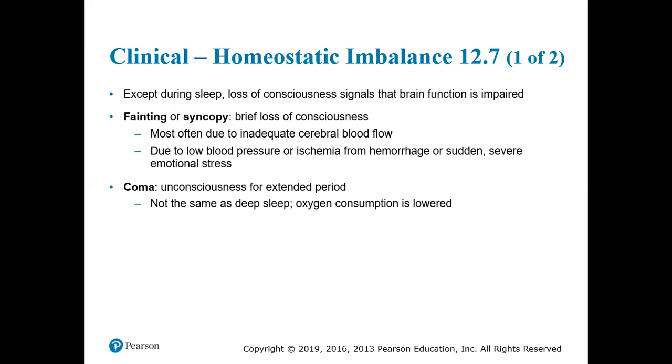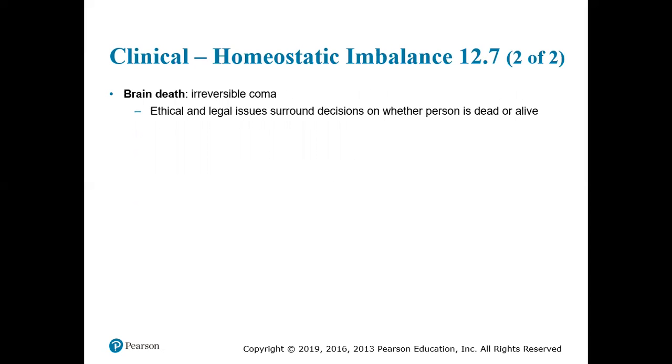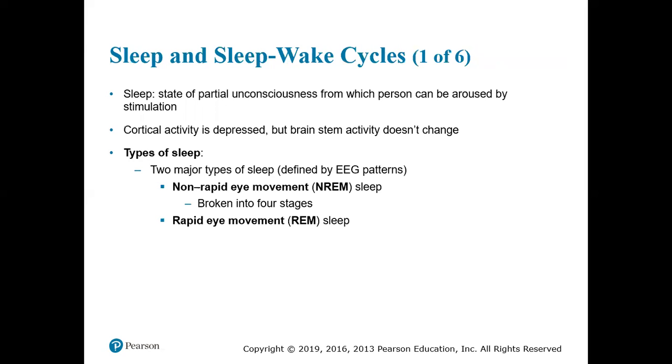Coma is unconsciousness for a long period. When we talk brain dead, this is an irreversible coma, which you would require life support for if there isn't something doing your breathing for you. This would be brain dead.